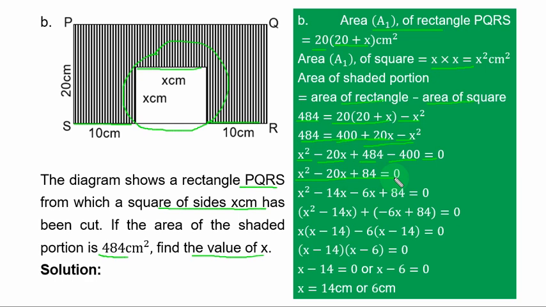Such factors must be minus 14 and minus 6 in s. So the two factors are written to replace the middle term. So you have s squared minus 14s minus 6s plus 84 equal to 0.